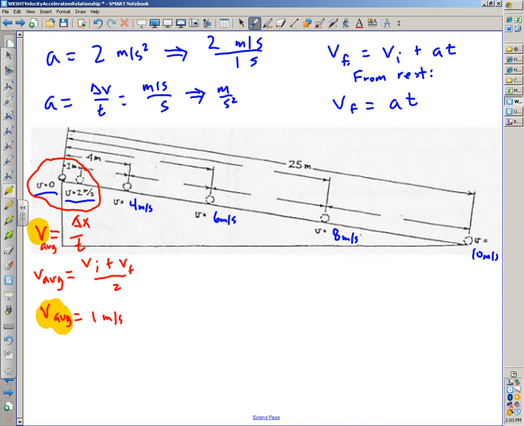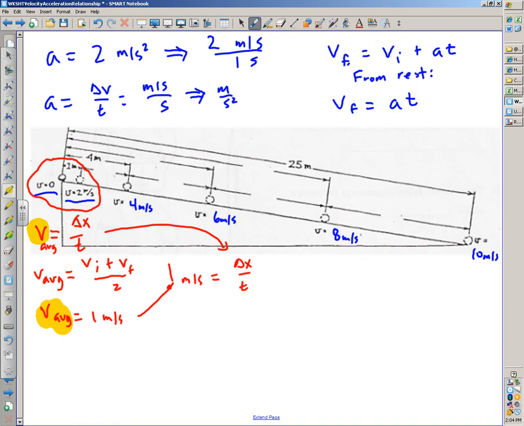If A is equal to B and B is equal to C, A equals C. Does that make sense? So now we can say that 1 meter per second from here is equal to delta x over t from here.